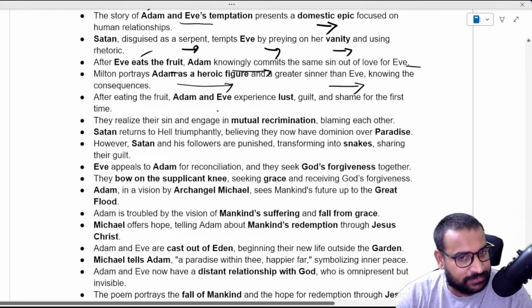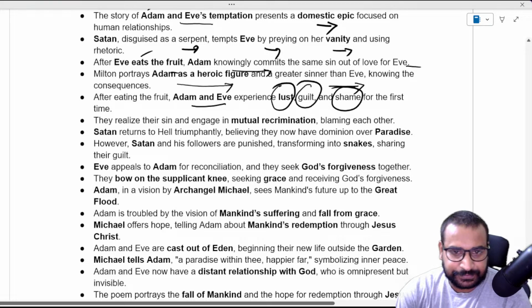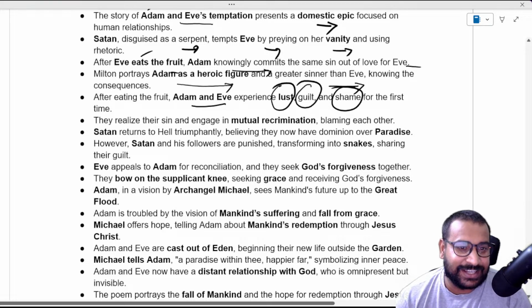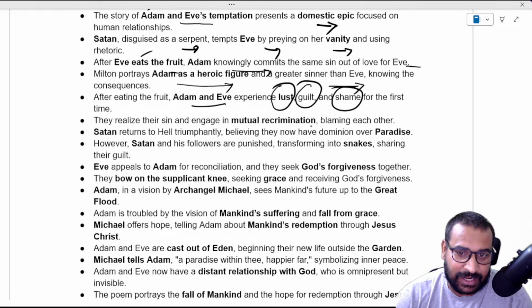Right, after eating the fruit, Adam and Eve experience all these kinds of sin like lust, guilt, shame, and they realize their sin and engage in mutual recrimination, blaming each other.